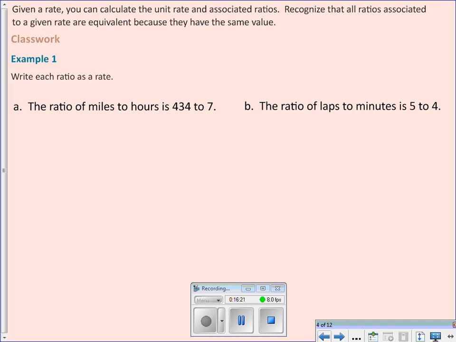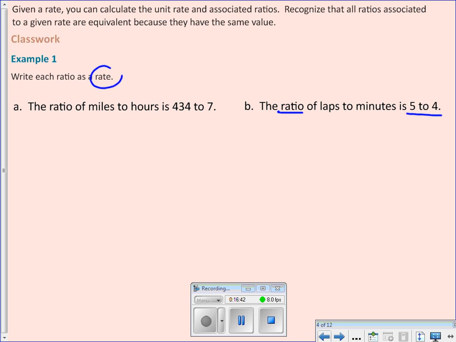Mrs. Nocero just walked by. She used to be a competitive swimmer when she was in school too. So one thing swimmers will look at is their timing. How many laps per minute? So here, somebody was swimming at a ratio of laps to minutes is 5 to 4.